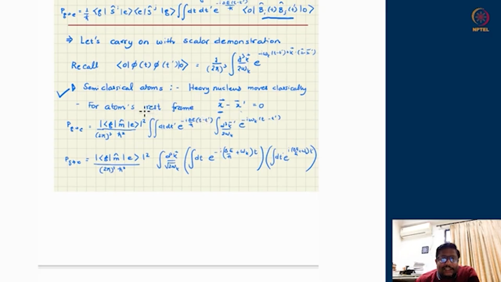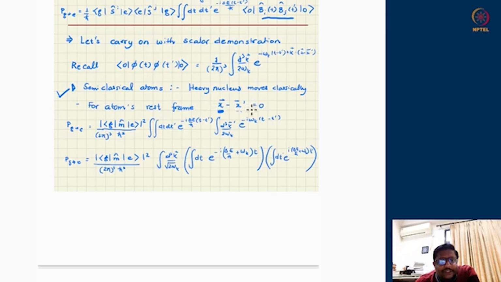For instance, let us think of an atom which is at rest with respect to us in the lab frame. That means our lab frame becomes the atom's rest frame as well. In that case, the spatial displacement would be 0 across two different times for the atom. So x would be the same as x prime for a future time as well as for the past time.